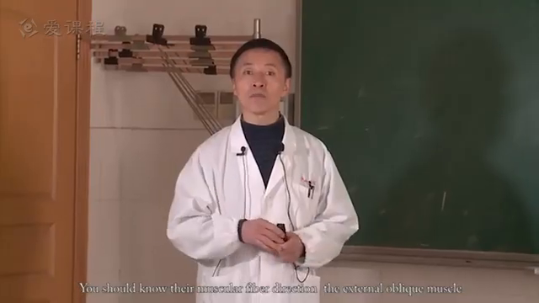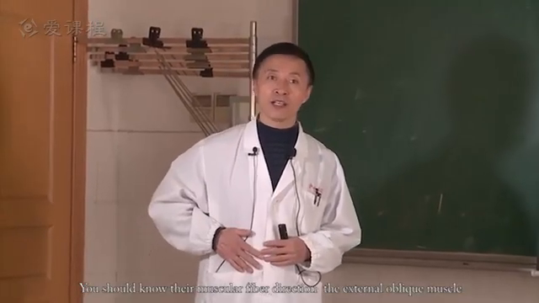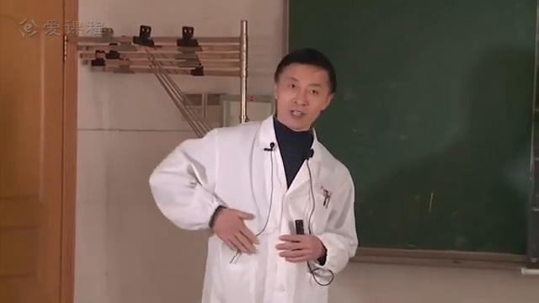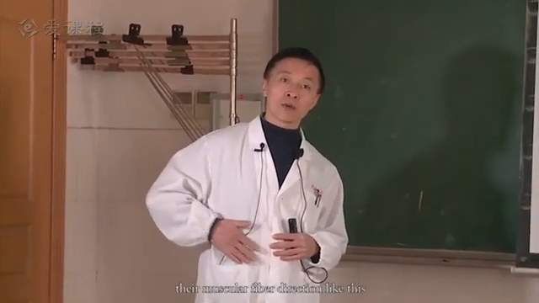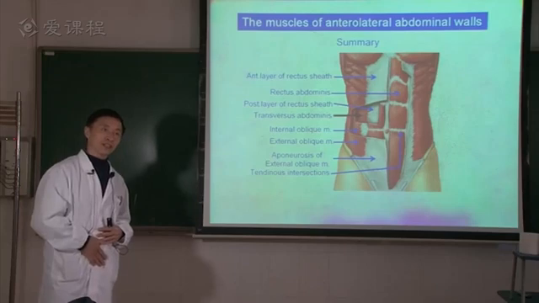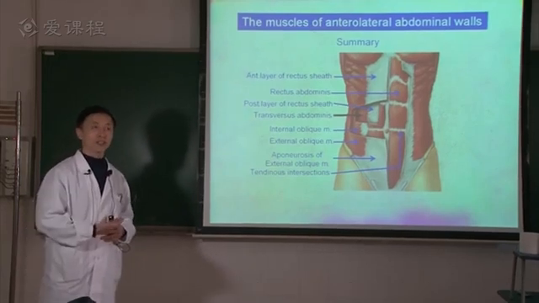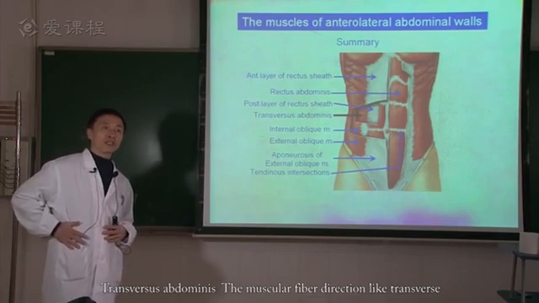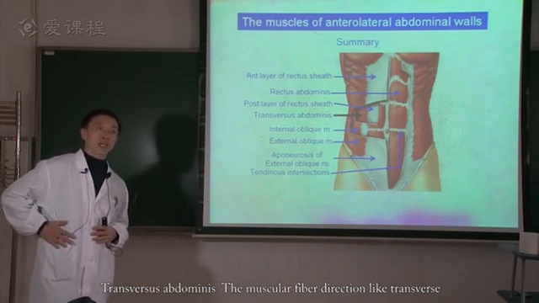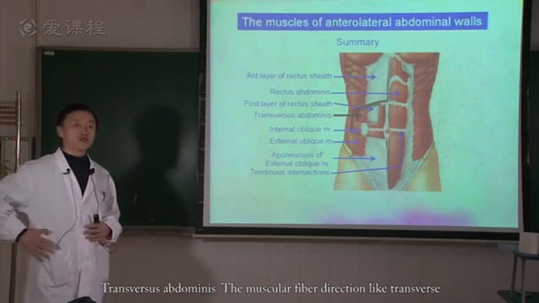You should know the muscular fibers' direction. The external oblique muscle, the fiber direction is like this. The internal oblique muscle, the fiber direction is like this. The transverse abdominis, the fiber direction is transverse.